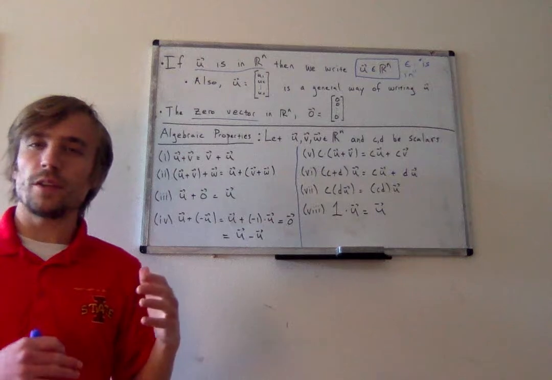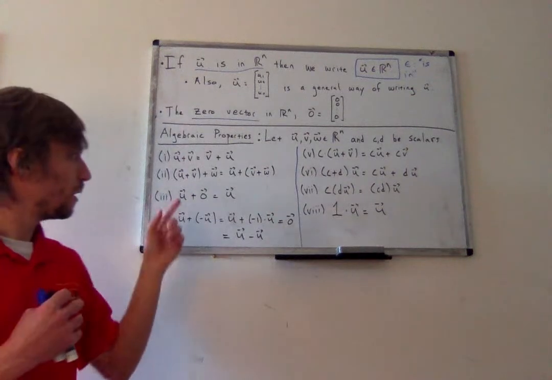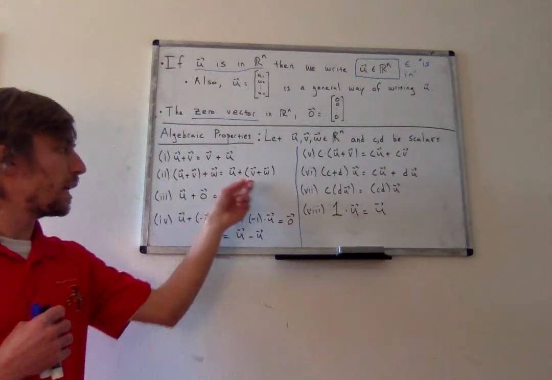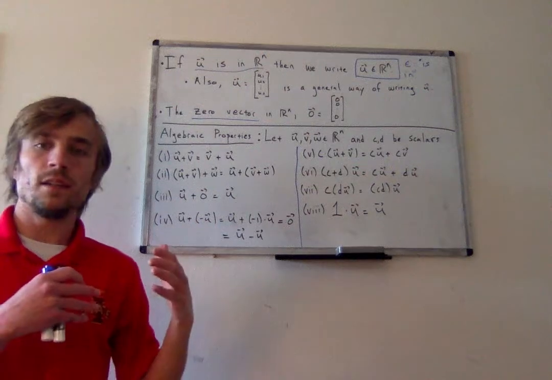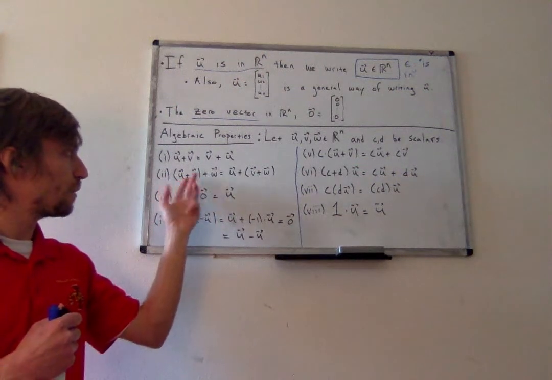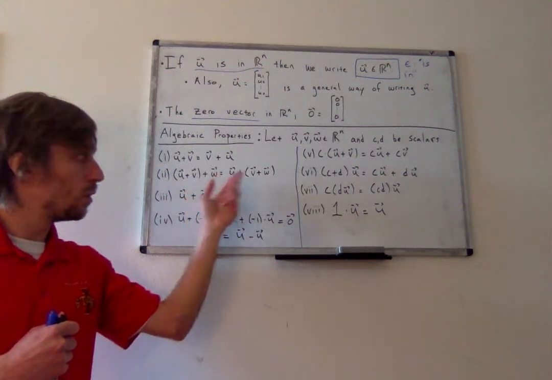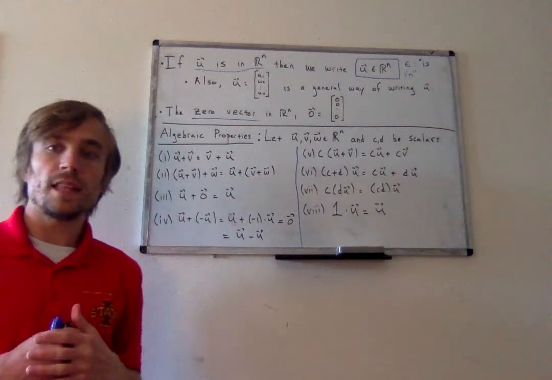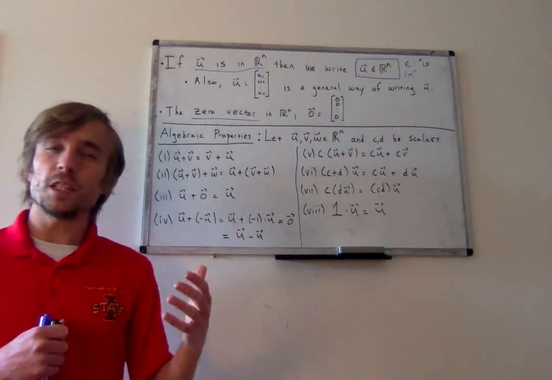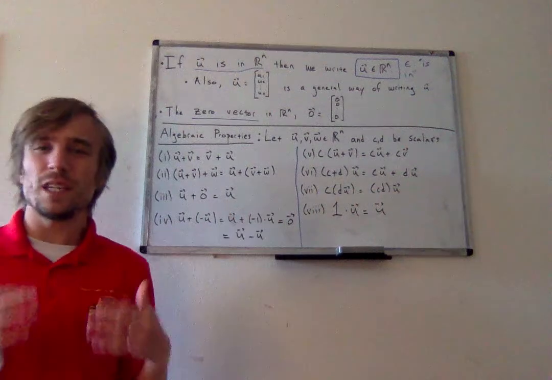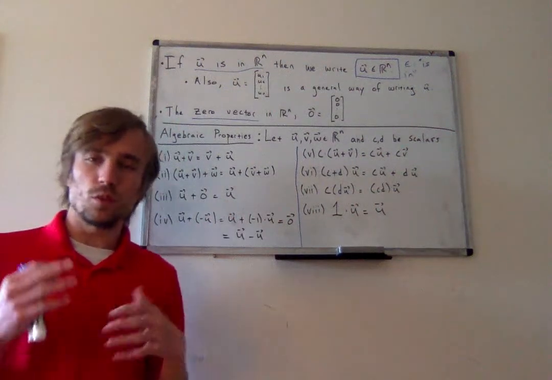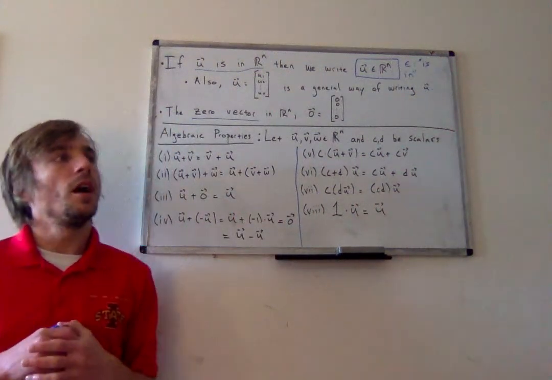Next, if I have the sum of three vectors, so here u, v, and w, I like to think of this property as the property that I can either do u plus v and then add that to w, or do v plus w and then add that to u. Relating this back to real numbers, because again, most of these sort of mirror what happens with actual numbers.